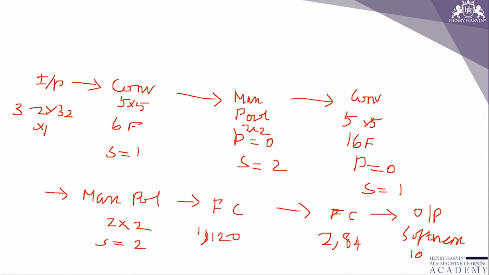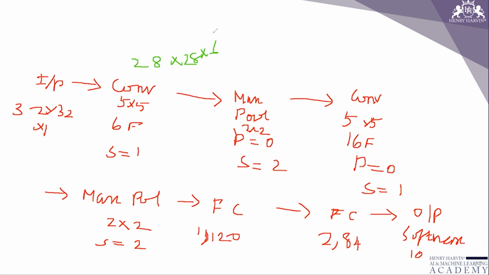Now, if you see the input and output size of the image, and even the number of channels, are different over here. The size of the input image is 32 into 32. After you do this operation, it changes into 28 into 28 into 6. Now what is this 6?